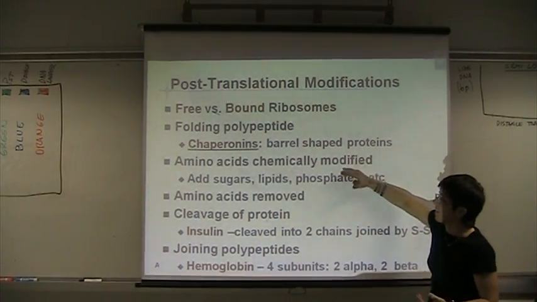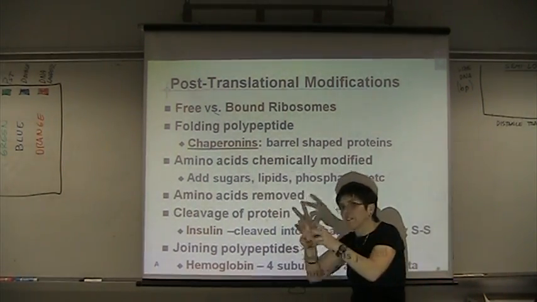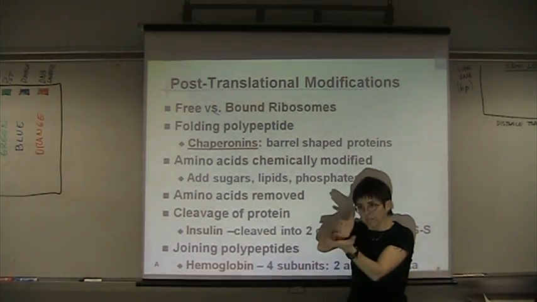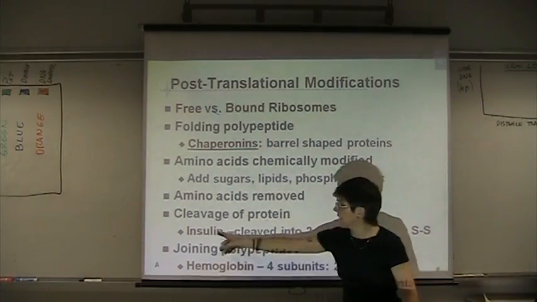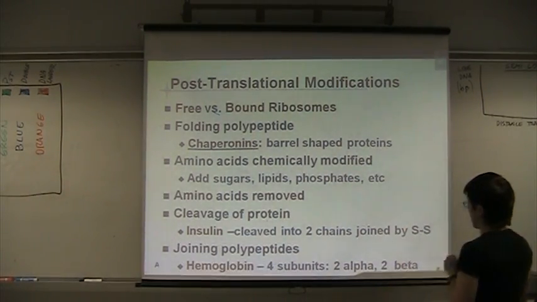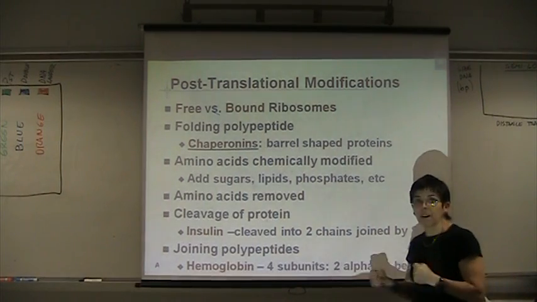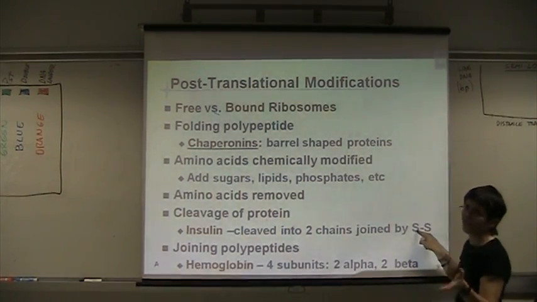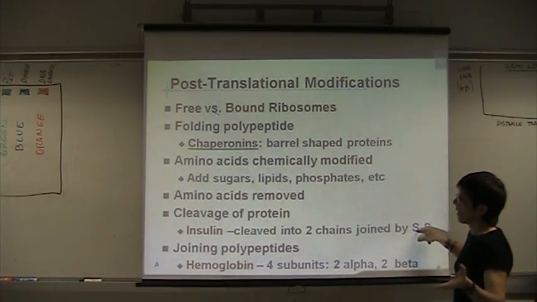So all these things can happen. Sometimes amino acids are removed, snip, snip. Sometimes the protein is cleaved, basically cut, like insulin is cut in two, and now you really have insulin as a functional protein. And these two chains, the coolest thing, they are joined, of course, through the disulfide bonds.